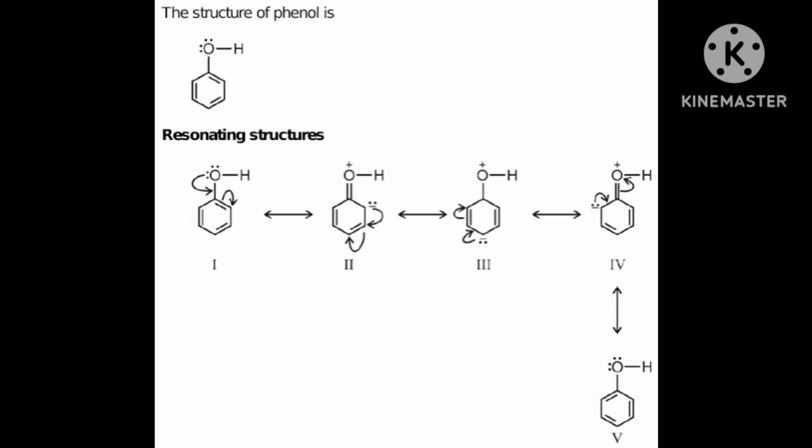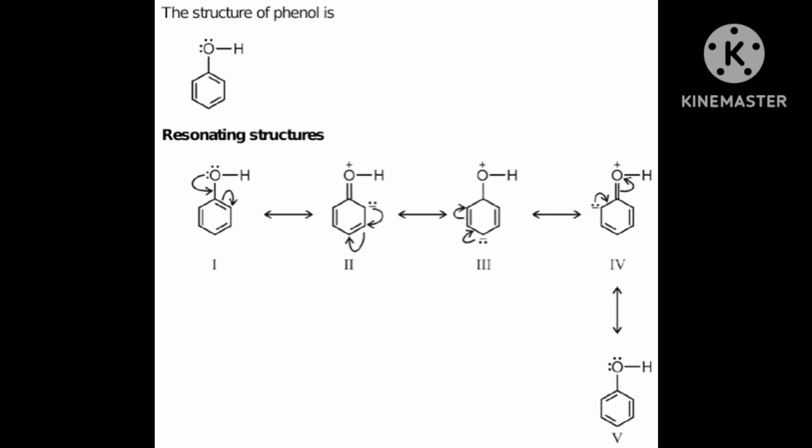On the other hand, electron releasing groups such as alkyl groups, maybe methyl, maybe ethyl, in general do not favor the formation of phenoxide ion, resulting in a decrease in acid strength.